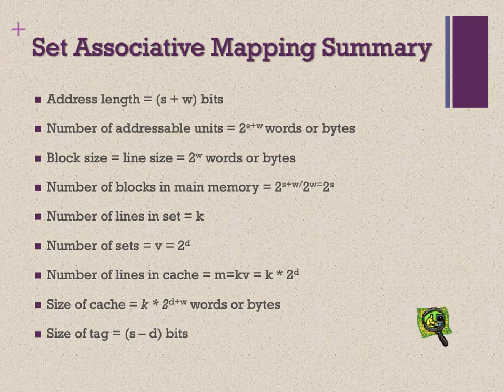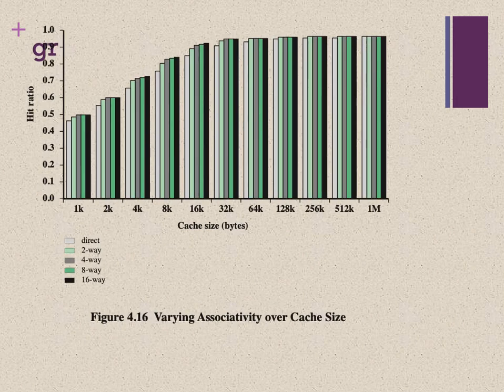And this is the summary of associative mapping. These are different cache sizes. We have direct mapping, 2-way associative, 4-way associative, 8-way associative, and 16-way associative. For example, with 1K, the hit ratio is very low.